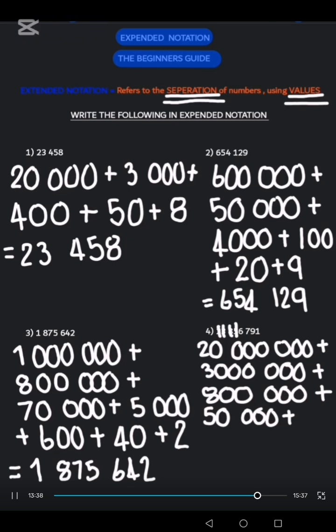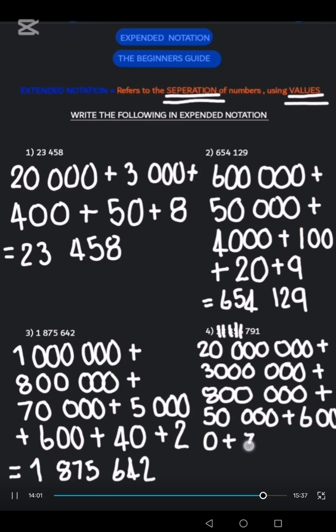And then we look at our next number, which is 6. Then we change the numbers on the right hand side of 6 to zeros. Then we add a positive sign and scratch out 6.